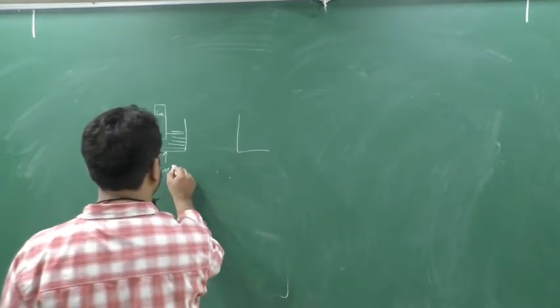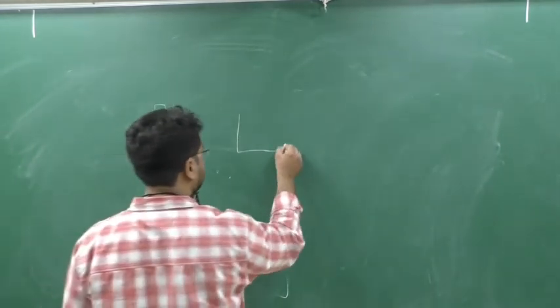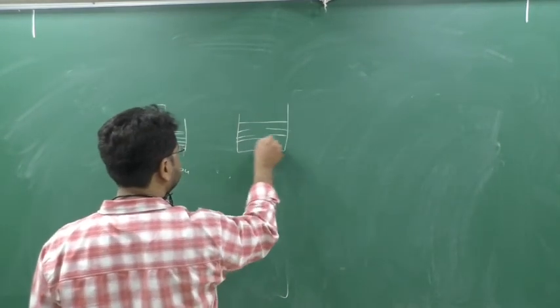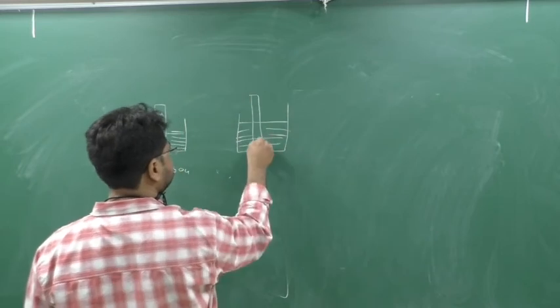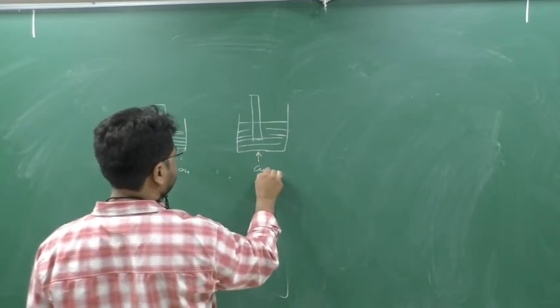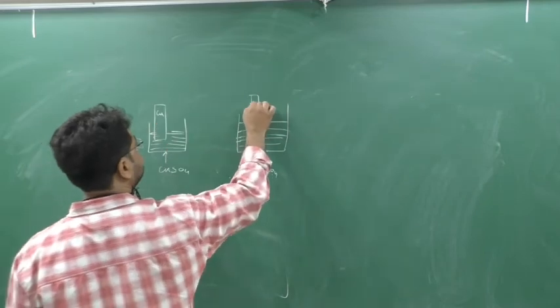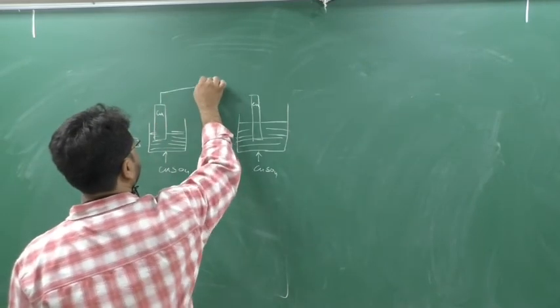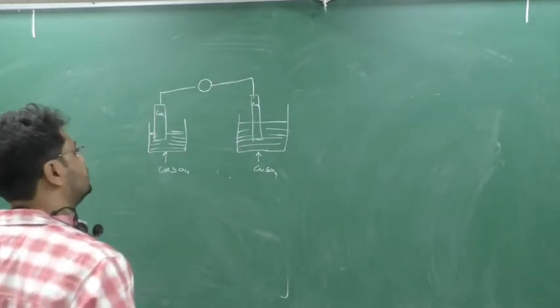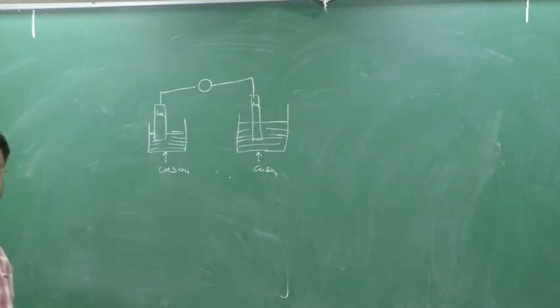One more I will take, another beaker, copper, again CuSO4, I will connect to the voltmeter and I will start. So, as you can see, it is a concentration cell.